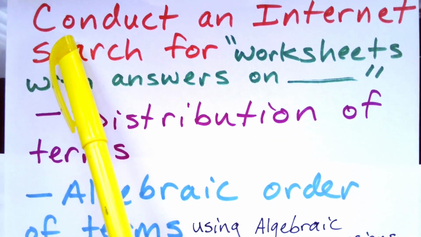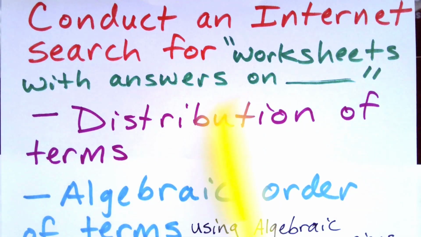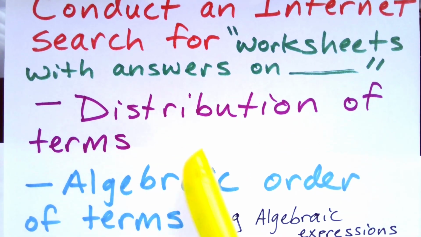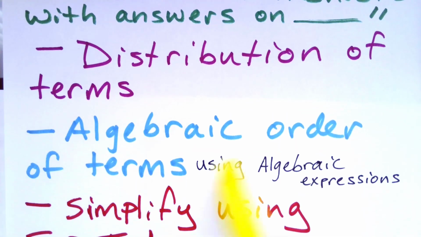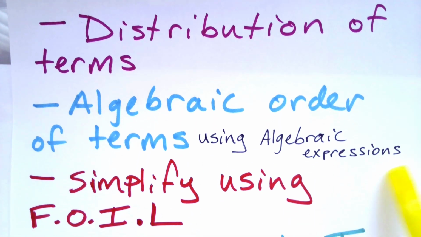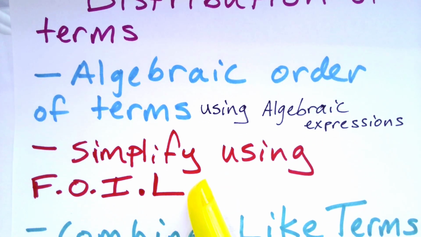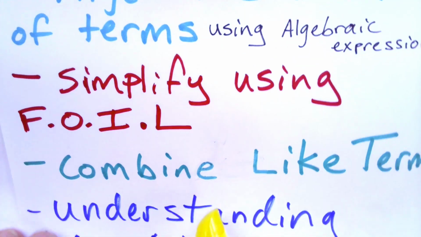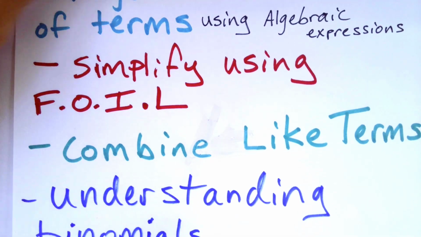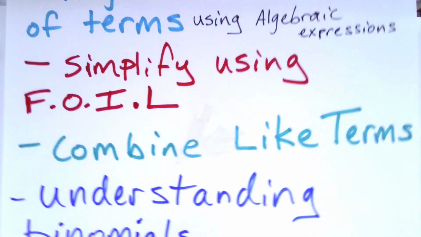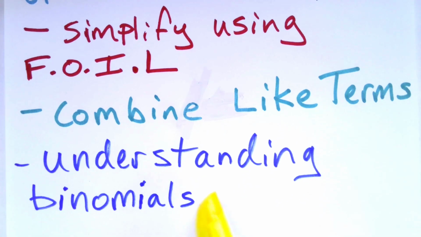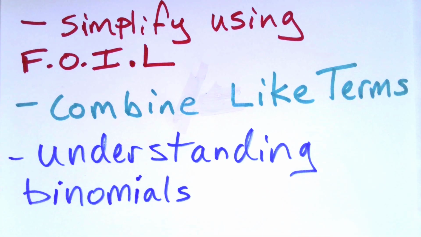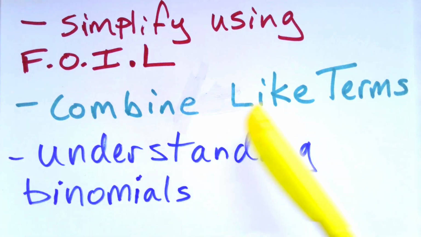If you want to practice your skills, conduct an internet search for worksheets with answers on distribution of terms or the distribution property, algebraic order of terms using algebraic expressions, simplify using FOIL, combine like terms, and understanding binomials. If this is new to you and you need to practice these skills, this is where you conduct an internet search with answers.